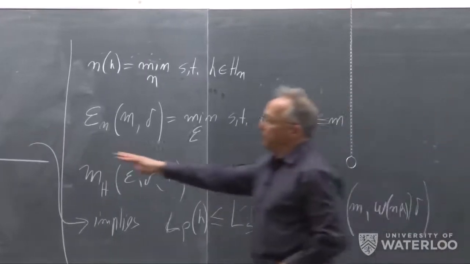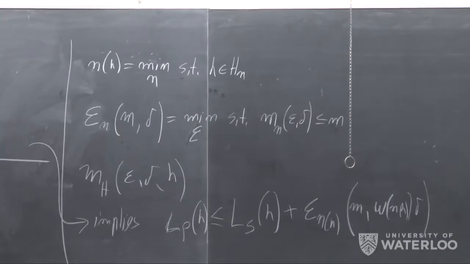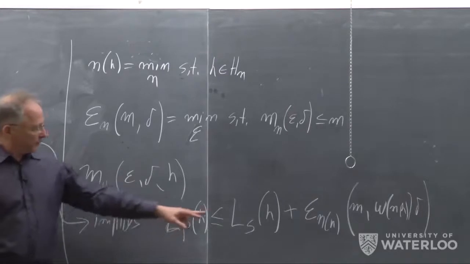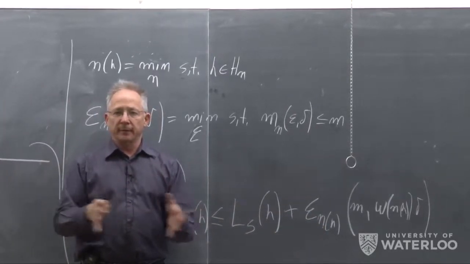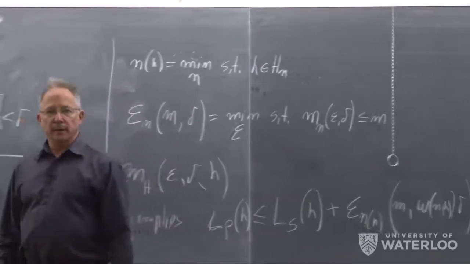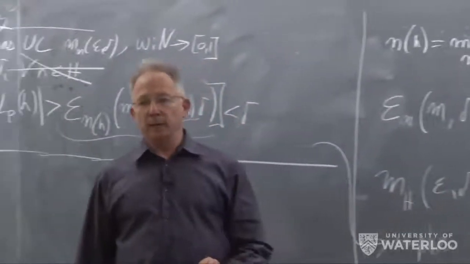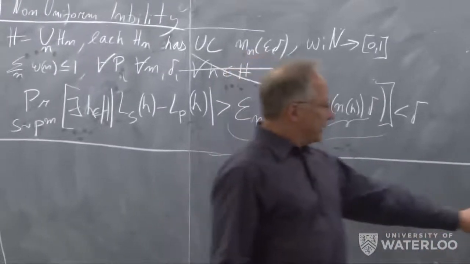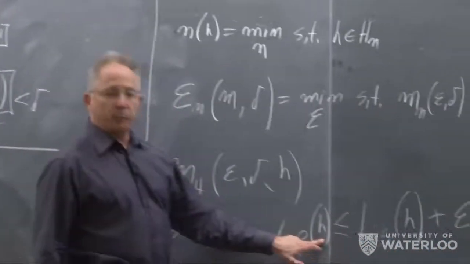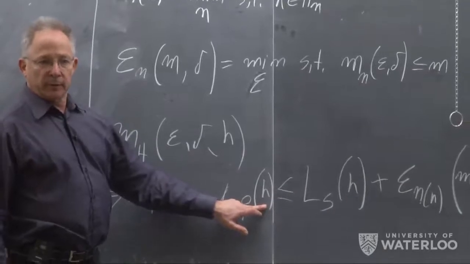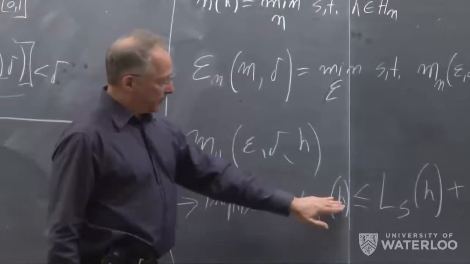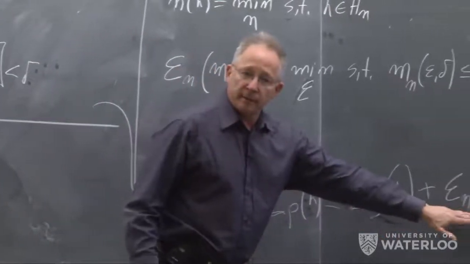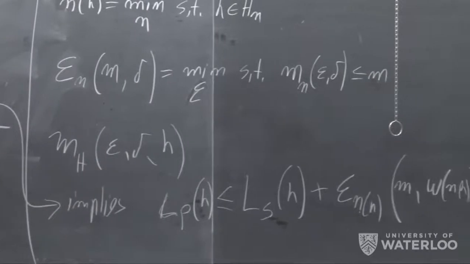I'm saying if those two things are close to each other, then LP is upper bounded by LS plus this looseness. And now, once we notice this, this is what we want to minimize. We want to pick an h with a small P error. So this bound tells me the P error of every h is bounded by this. So this dictates my algorithm.